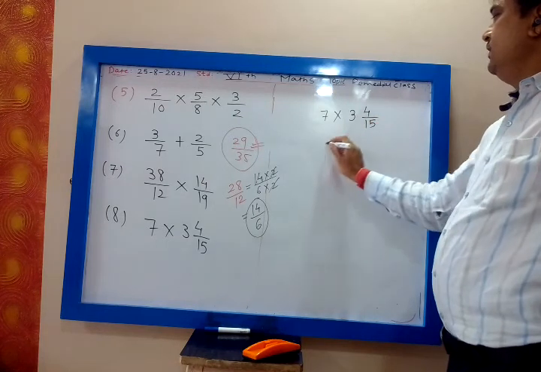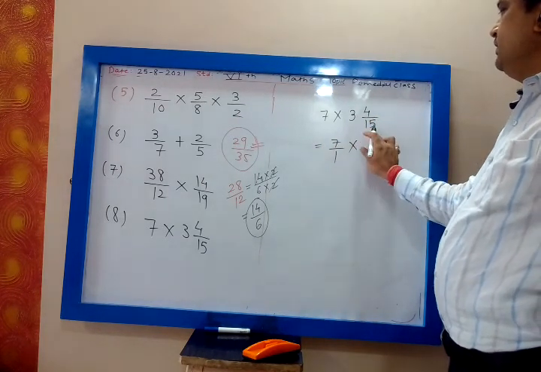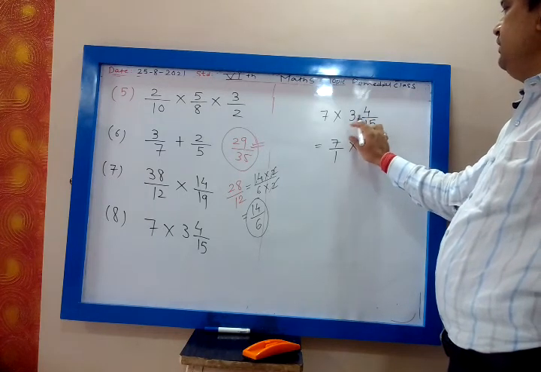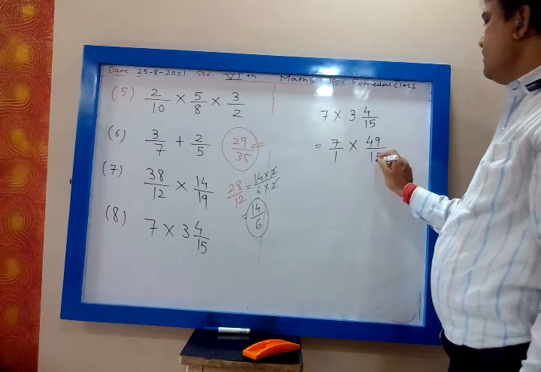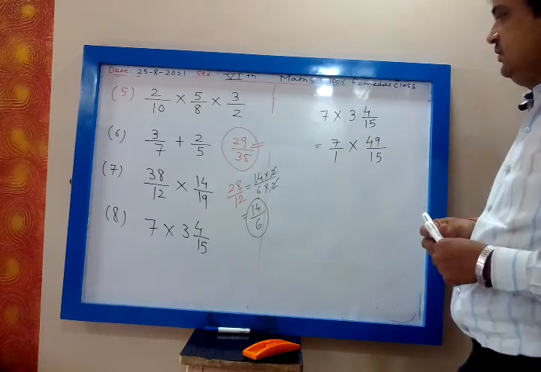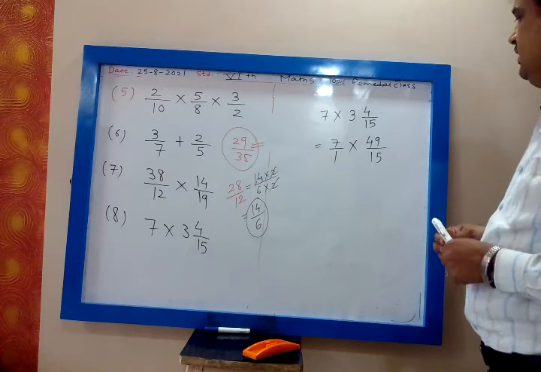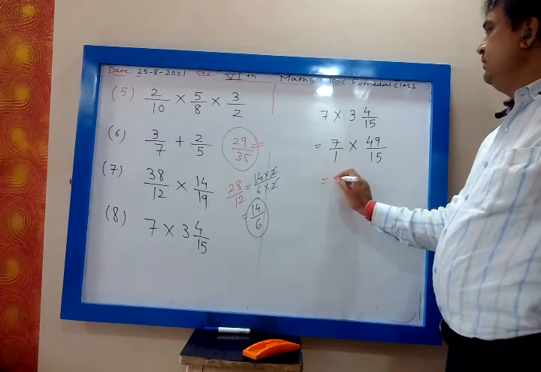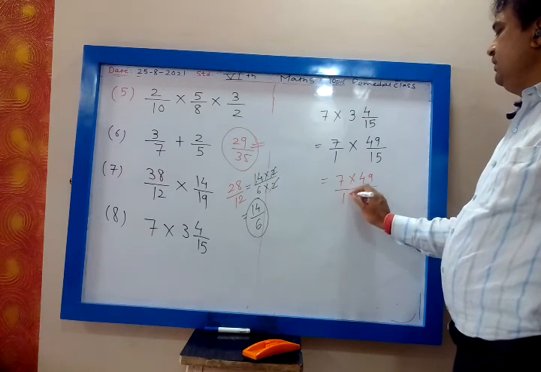No. 7 I will write 7 upon 1. Then this is mixed fraction. 15 3s are 45. 45 plus 4, 49 by 15. So that will be 7 into 49 upon 1 into 15.